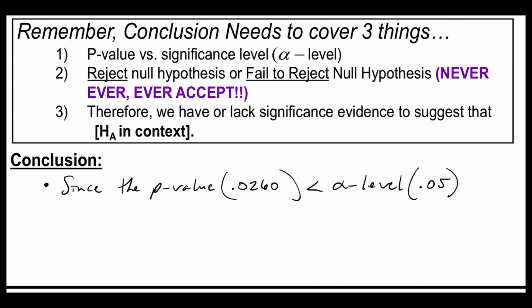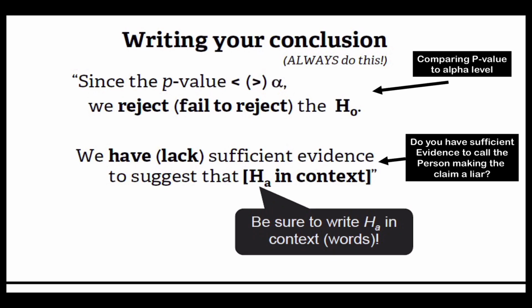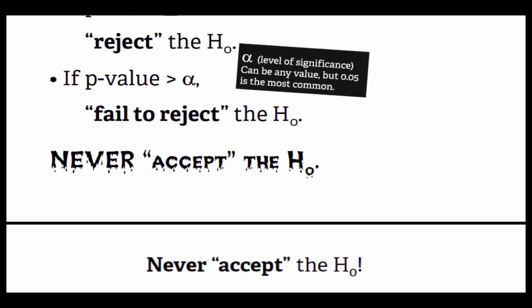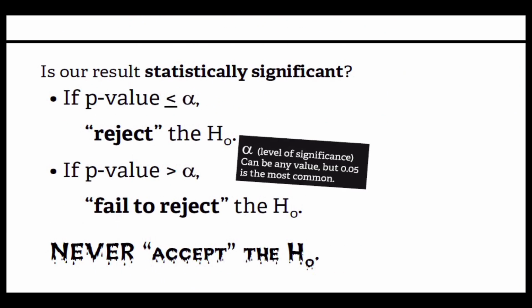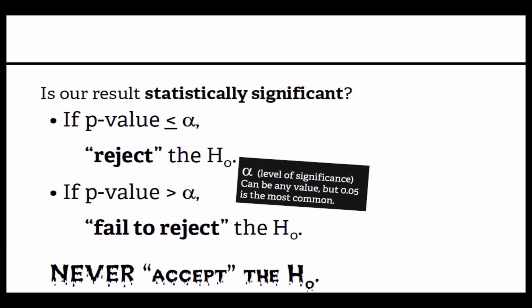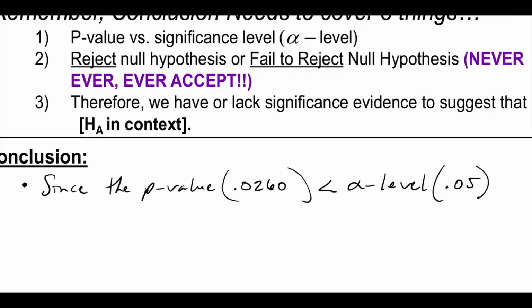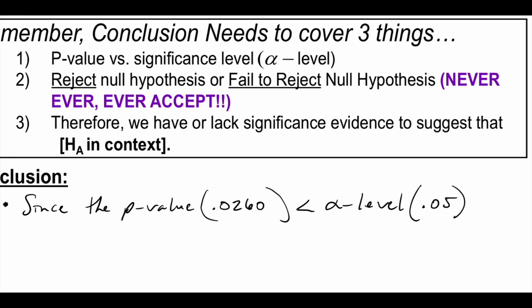Next part of it says we reject or we fail to reject. So we're going to choose one of the options. Again, this is the one where students get wrong sometimes. When do we reject and when do we fail to reject? Let me show you right here.